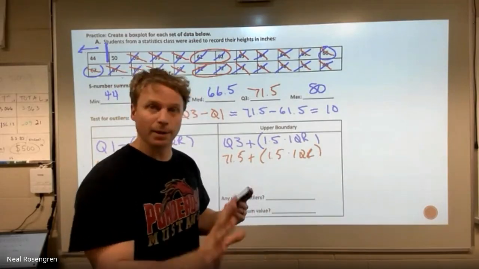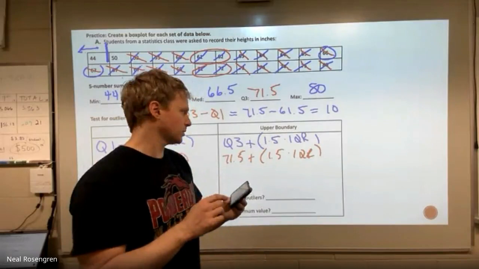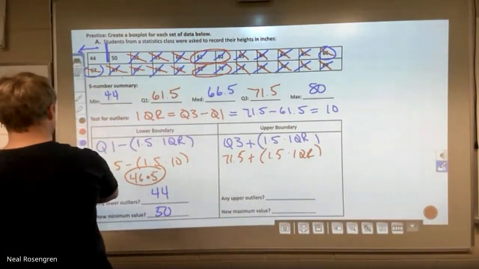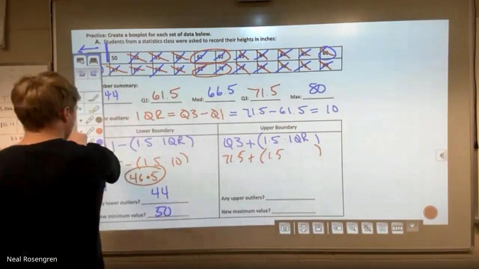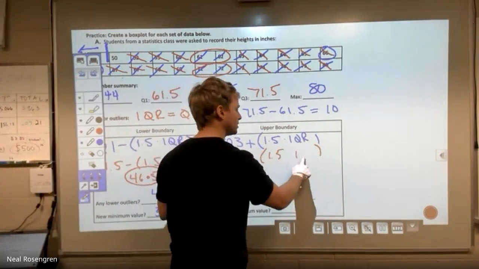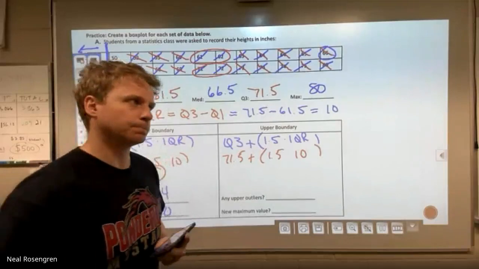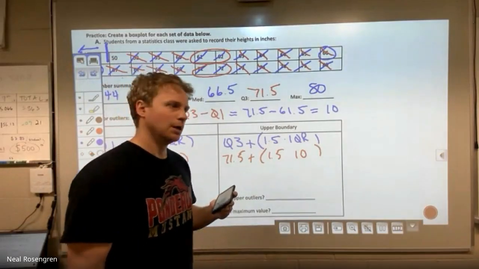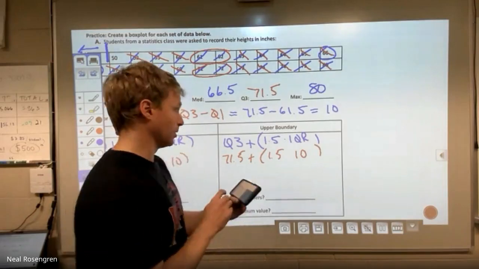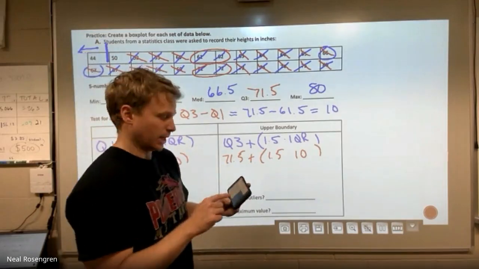I should probably actually write in the IQR here. A little bit less, I have to memorize how to approach different problems. Really, it's the same problem, just different numbers. So that's pretty cool. At least that's what I like about it.